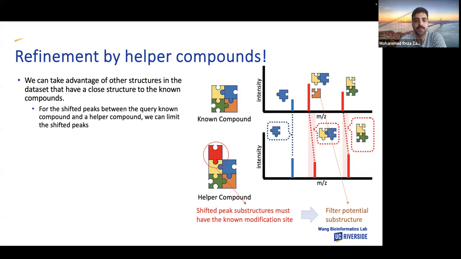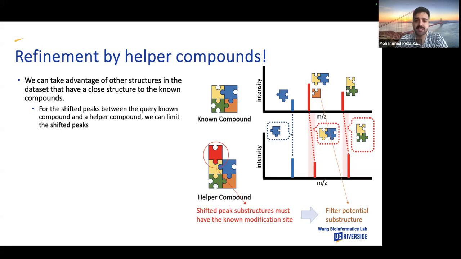So in this part, these helper compounds and the known compounds both are known. So we have their MS/MS data and their structure. So after the annotation, we can see exactly where the modification happened. And based on that, we can filter the potential substructure annotations to the peaks.